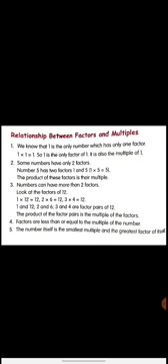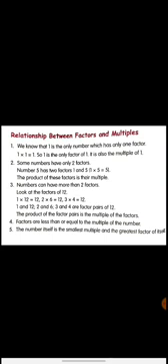So the number 1 is the only number which has one factor and also one multiple. Next, second one: some numbers have only two factors. Number 5 has two factors, 1 and 5. The product of these factors is their multiple.